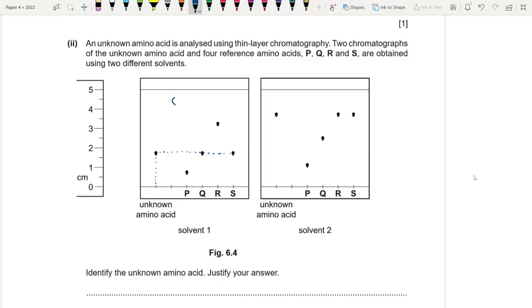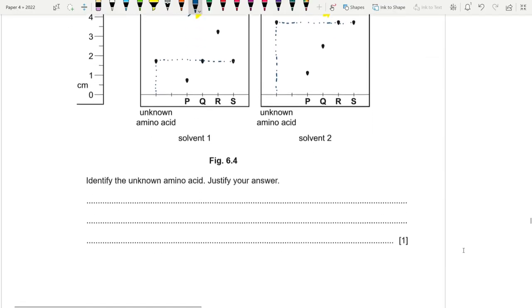So our potential candidates are Q or S. And in solvent 2, this isn't two-way, by the way, our unknown amino acid matches in solubility with R or S. So we are basically looking for the common one, which happens to be S, because it matched in both cases. That's why we clear out all our confusions.